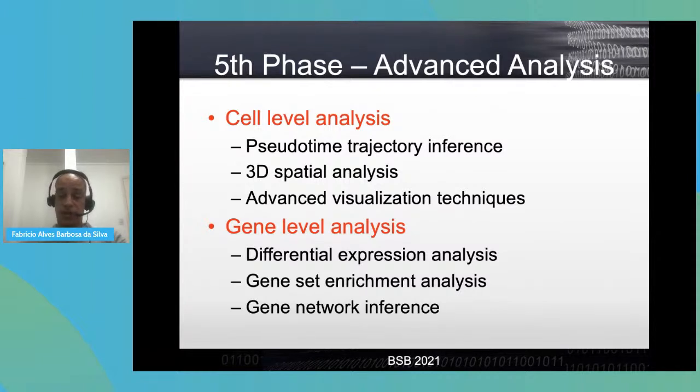Of course, as I said before, the actual algorithms that you're going to use will depend on the biological question associated with that particular run. So for instance, you can do pseudo-time trajectory inference in the cell level analysis, three-dimensional spatial analysis, and other advanced visualization techniques. For the gene level analysis, you can do differential expression, gene set enrichment, and gene network inference.